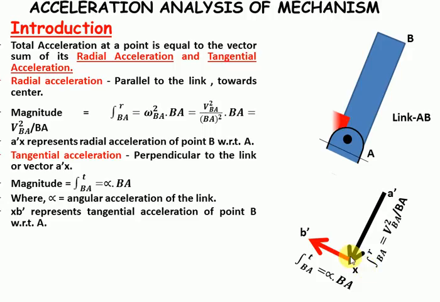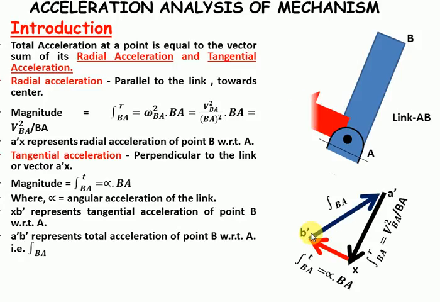In this figure, this x b dash represents tangential acceleration of B with respect to A, and the vector A dash B dash represents the total acceleration of point B with respect to A. Clear? That means the total acceleration of a point on a link is equal to the radial acceleration plus tangential acceleration, and that is the vector addition.